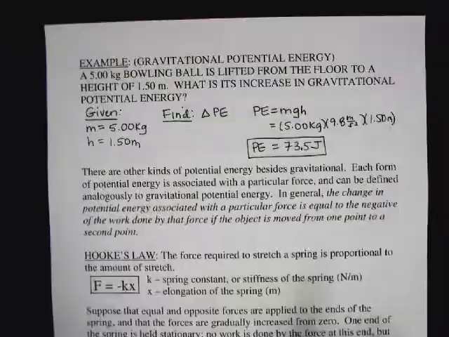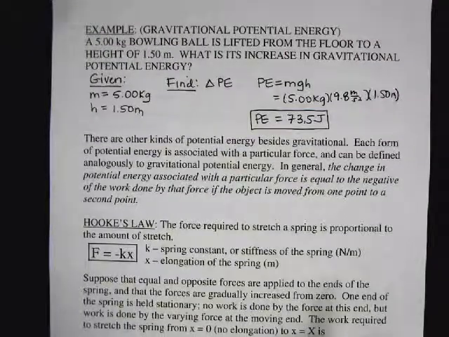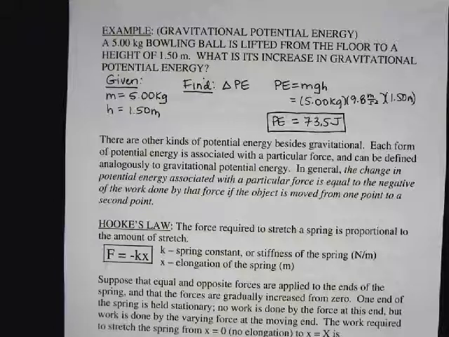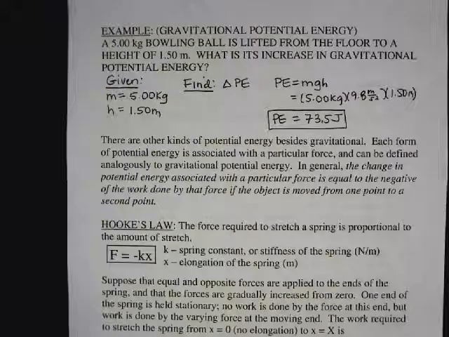So here's an example of gravitational potential energy. It says a 5-kilogram bowling ball is lifted from the floor to a height of 1.5 meters. What is the increase in the gravitational potential energy? So we're given the mass as 5 kilograms. We're given the height. Now on the ground, the potential energy would be 0.